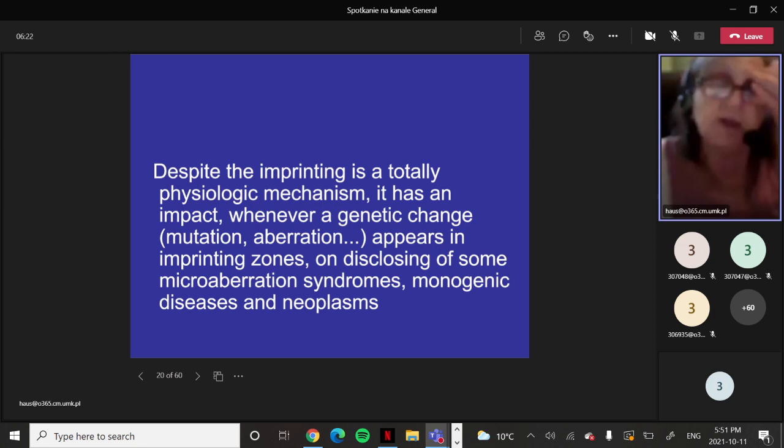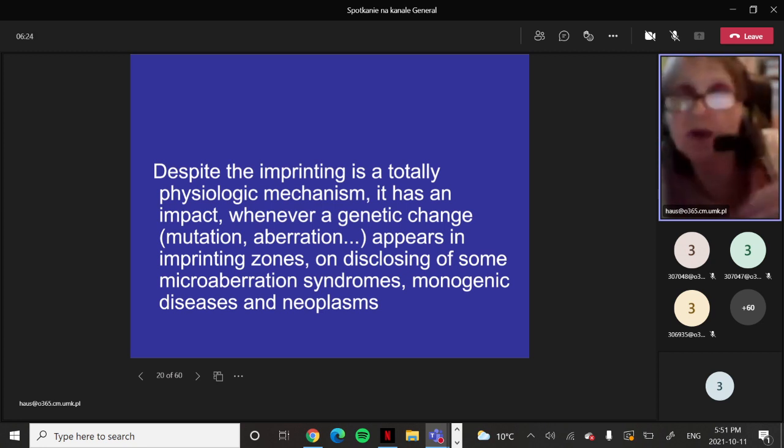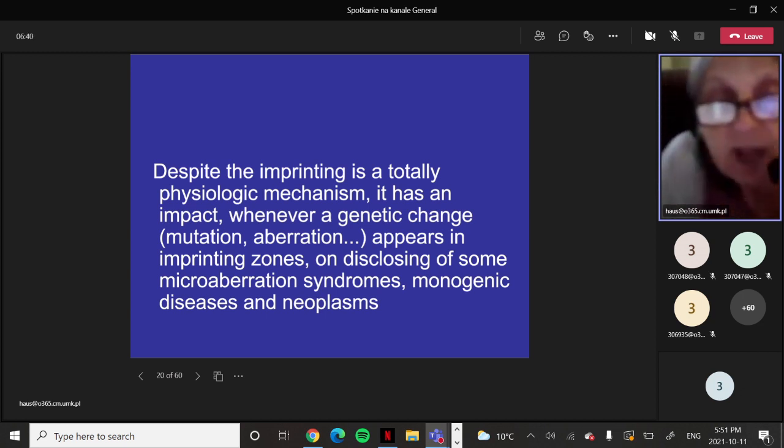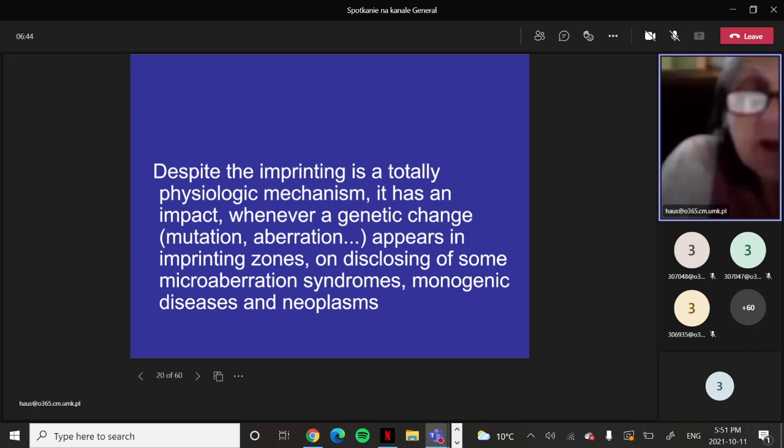When a change appears in the mechanism of imprinting, or in this part of the genome in which this imprinting should be, always the results are harmful for the organism. Always, as a result, we have a genetic syndrome, or, for example, a monogenic disease or neoplasm and so on.